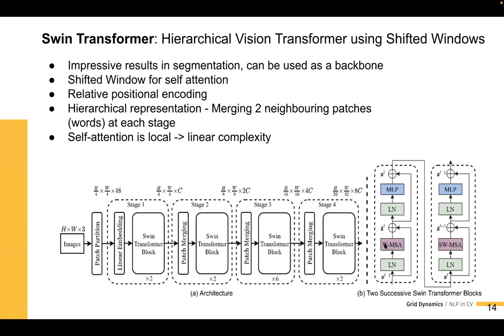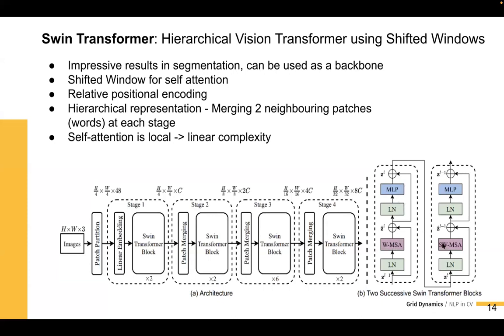Yes, but here we have W-MSA. It's windowed multi-head self-attention. What is windowed? It means, like in the Longformer architecture or in the Big Bird architecture from NLP, that we reduce the number of tokens we can attend to. Because if our sequence is very long, it is not computationally efficient to attend to all tokens one-to-one. So we just restrict ourselves to some window of tokens. And this is the first block.